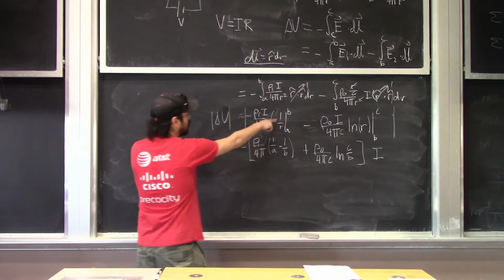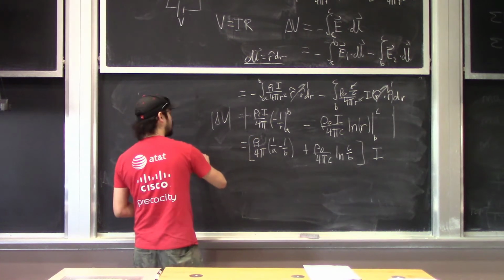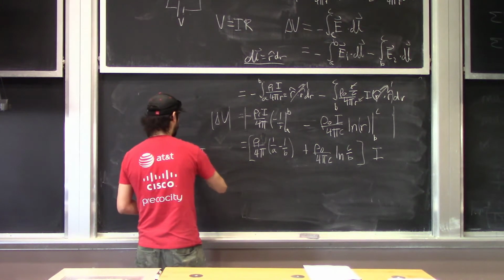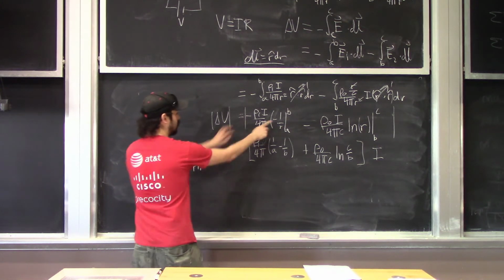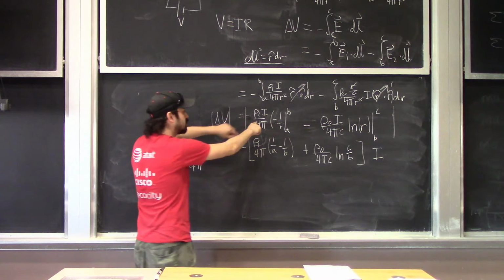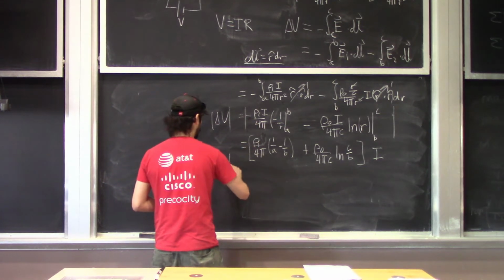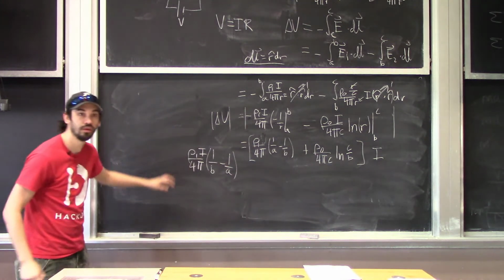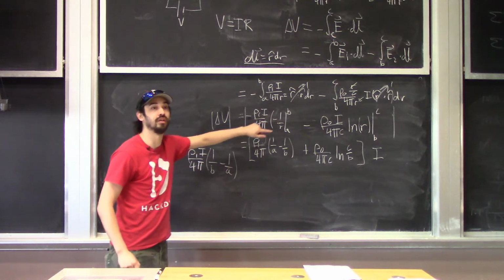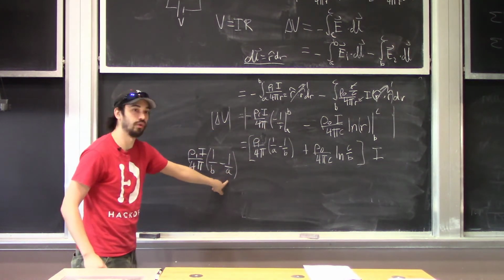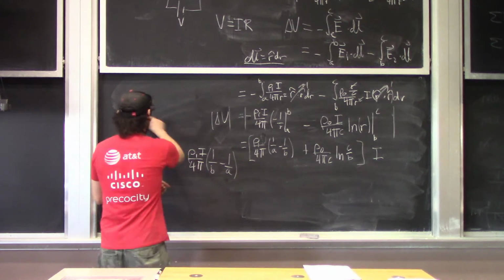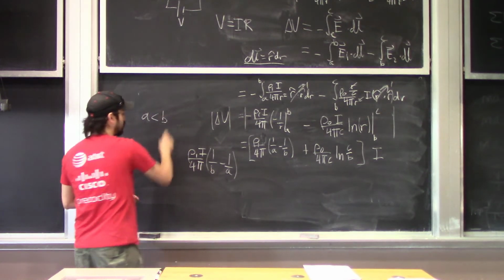Okay, well let me do the whole thing then. So this is going to be rho 1 I over 4 pi. This just becomes positive, right? Because it's negative times 1 over b minus 1 over a, when I evaluate this exactly the way it is. And then what I did was I reversed these two, because I know that a is less than b.